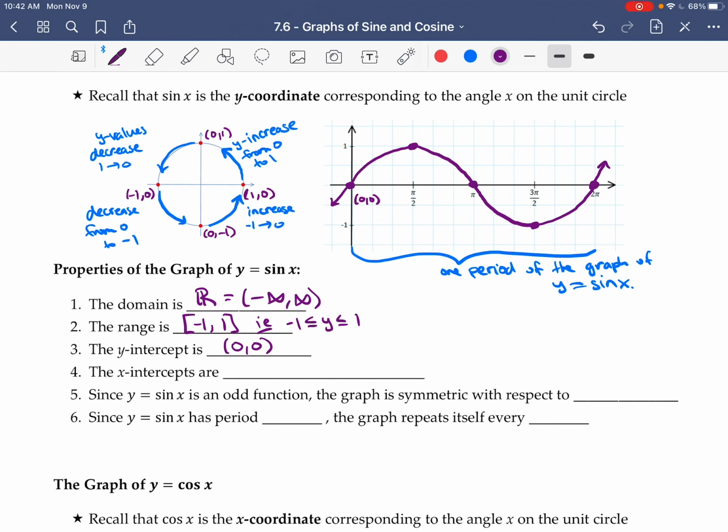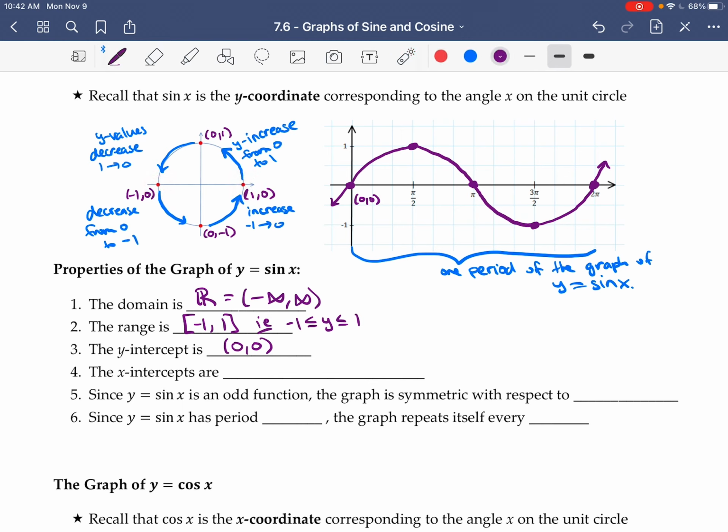Okay, now there's multiple x-intercepts. So the x-intercepts are going to occur when your terminal side is here or here, right? Because then the y value is 0. So that's pi. This is any odd multiple of pi. So, for instance, this is 1 pi, or 3 pi, or negative pi. And this is all the even multiples of pi.